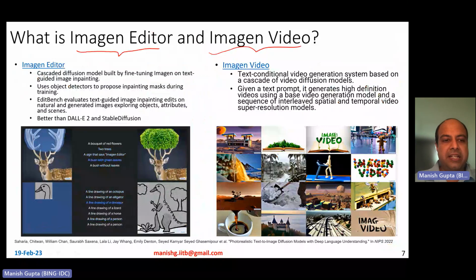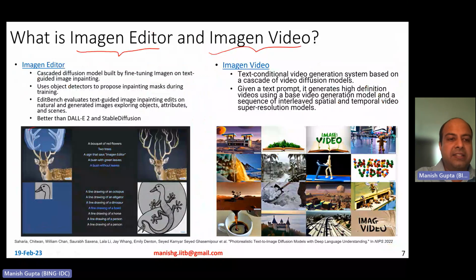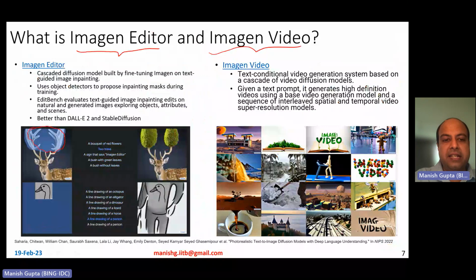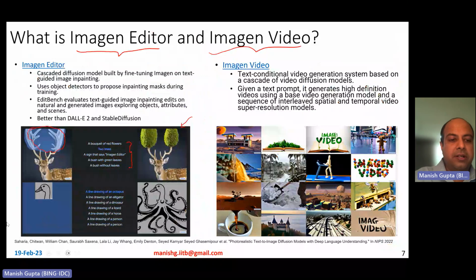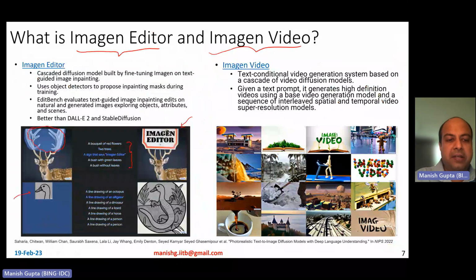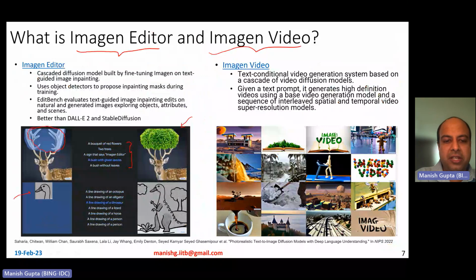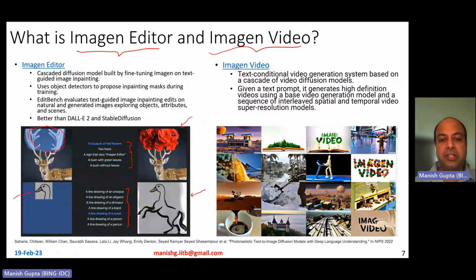The user highlights a small part of the original image and then gives a text caption to say how the image should be changed, and the image is changed accordingly. Similarly, in the lower scenario, you give an inpainted image, a very small part, and then you give different text captions, and accordingly the images are generated to match the caption.